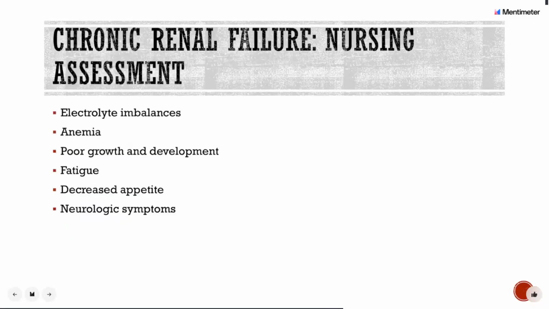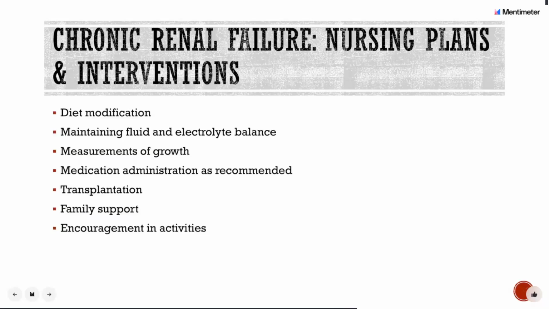So again, we're going to see those electrolyte imbalances. We can see anemia. We're going to be nauseous, have difficulty eating, so poor growth and development, fatigue. We can also see neurologic symptoms as those electrolytes start to build up. So we are going to modify our diet, maintain those fluid and electrolytes.